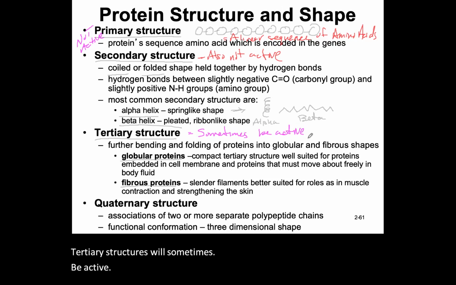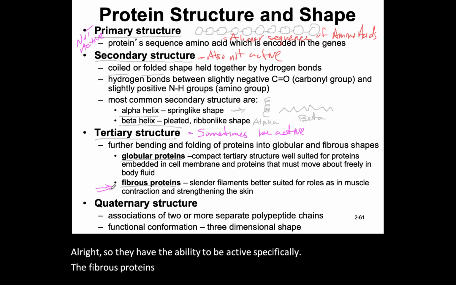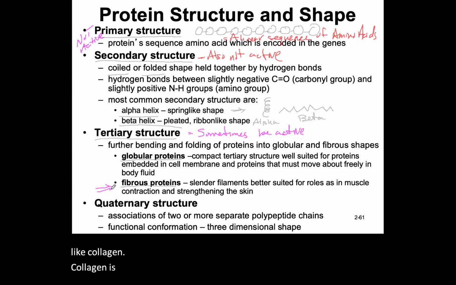So they have the ability to be active. Specifically, the fibrous proteins. And so if you've got a fibrous protein, it's active. Things like collagen. Collagen is, that's its most complex structure it's going to get, is a tertiary structure of protein.